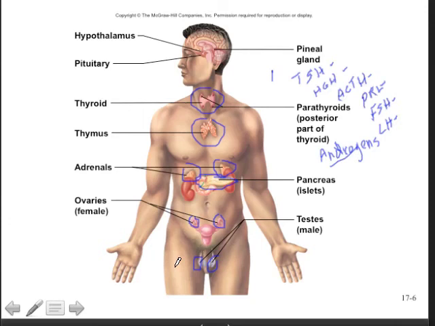The other way that the organ can malfunction is if the target tissue is missing the receptor, and as a result, even though the hormone is secreted, the response that would normally be indicated by production of that hormone doesn't happen.